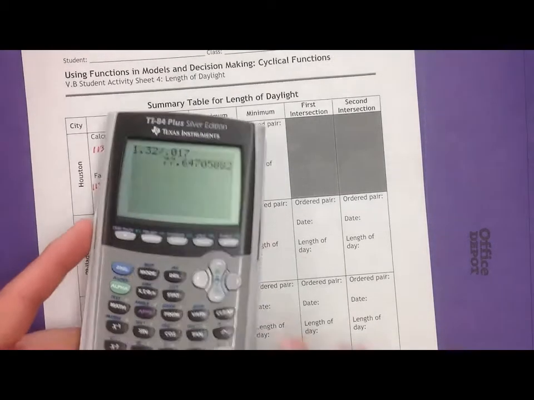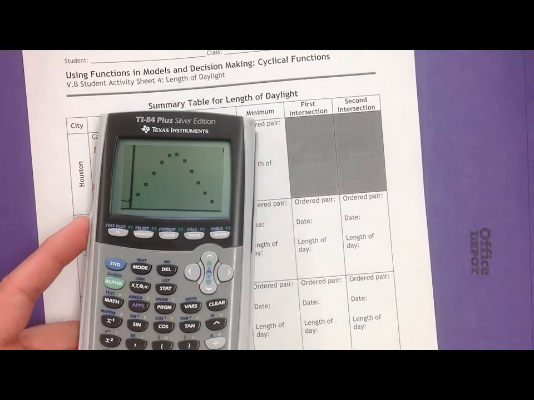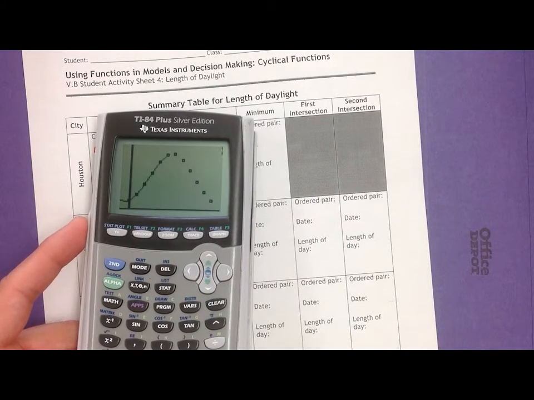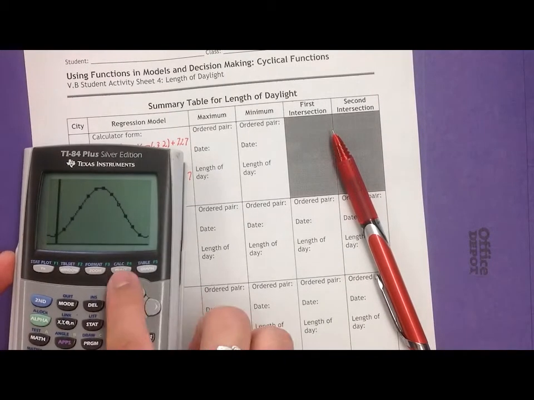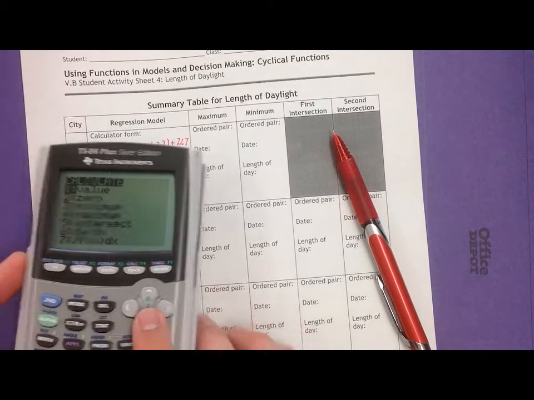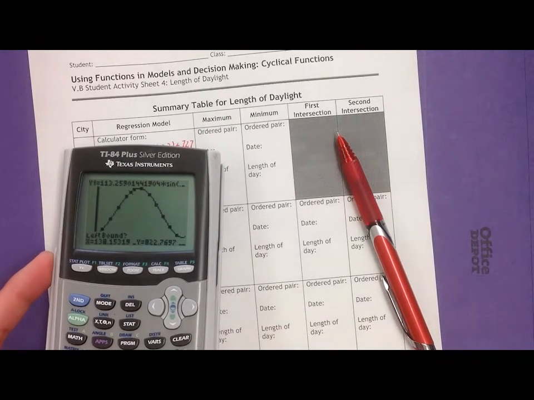So you can do all the other stuff. Remember that now it's right here inside the formula, graph, and it's going to be graphing it really, really fast. There it is. When you're looking for your maximum, you're going to look for the ordered pair, so you hit second calc, max. You go to the left of the maximum, you have the left bound and right bound.